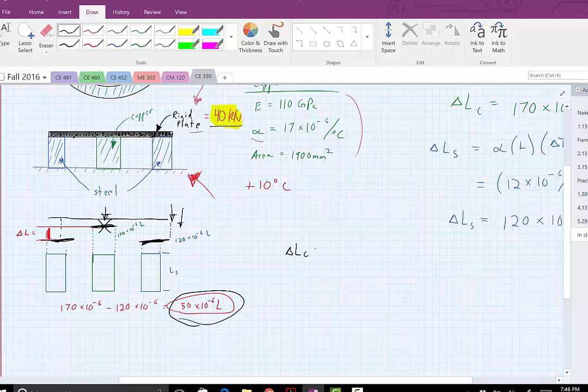The change of length of copper is going to equal our force multiplied by the length, divided by our area multiplied by the modulus of elasticity. And again, all of this is for copper. So then we can say 50 times 10 to the negative 6 L equals the force applied to the copper, times the length, over the area of the copper times the modulus of elasticity.